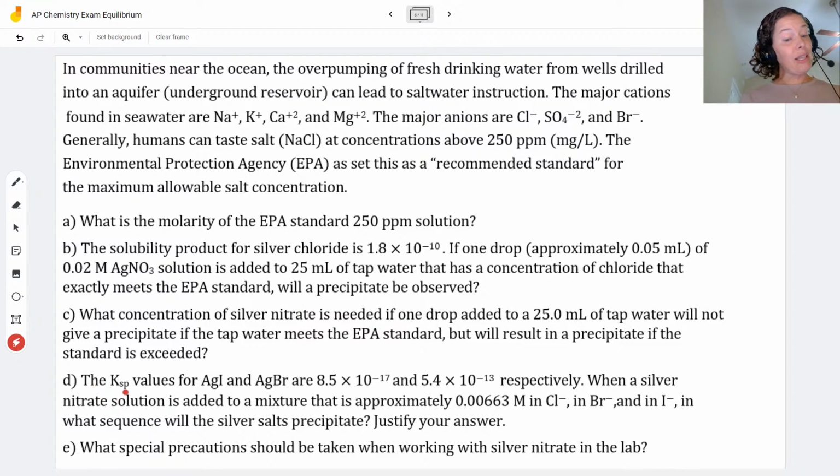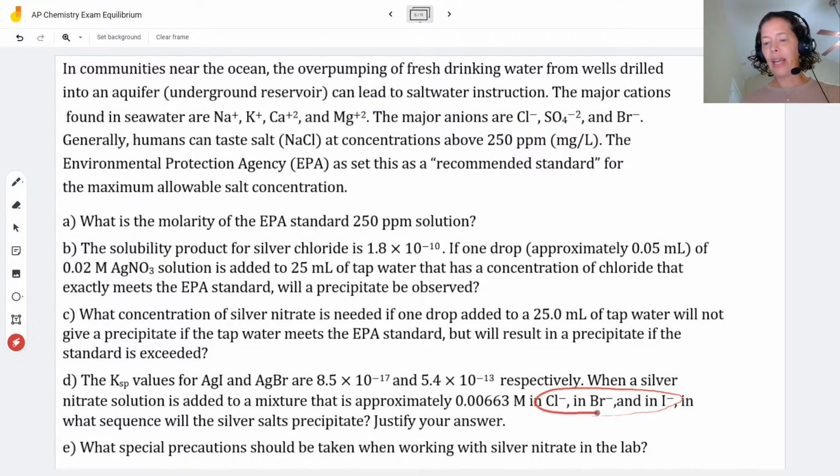Part D, the KSP values for silver iodide and silver bromide are these numbers respectively. When a silver nitrate solution is added to the mixture, that is approximately this concentration in all of these ions, in what sequence will the silver salts precipitate, and justify your answer? Okay, so this is a titration. You're taking a solution that has iodide, bromide, and still chloride in here.